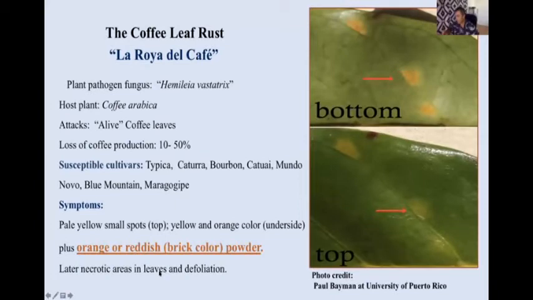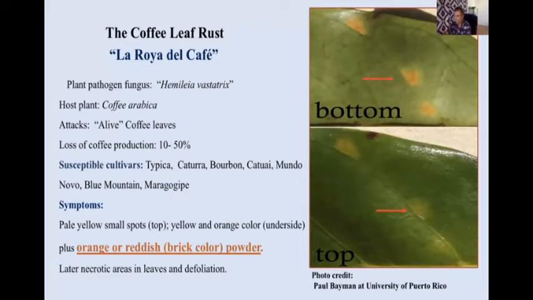Like Lisa told before, a very good description about the disease. I don't want to go into detail on this one, but you get similar information here, just maybe some small changes. The important thing is that this disease has to work on a coffee plant that is susceptible, and it has to be alive.